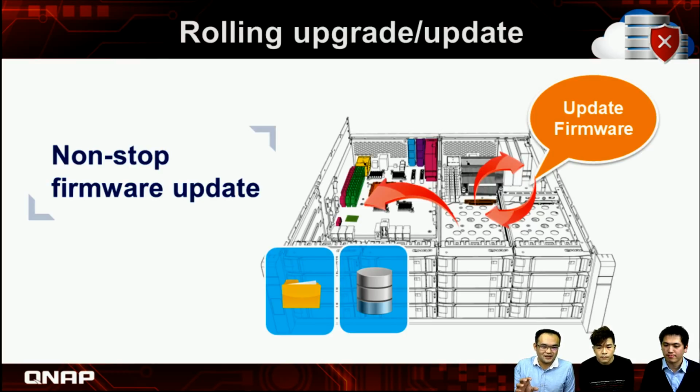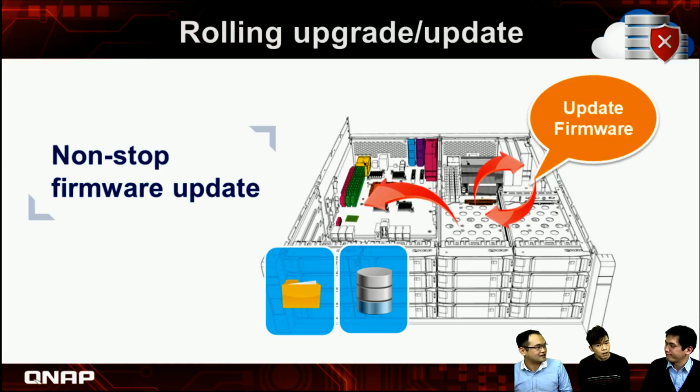For the first step, we migrate the service from the first controller to the second controller, then update the first controller. After the update completes, we migrate the service from the second controller to the first controller, then update the second controller. After that update completes, we rearrange the service back to each controller to continue the service. So your service will not stop during the upgrade.